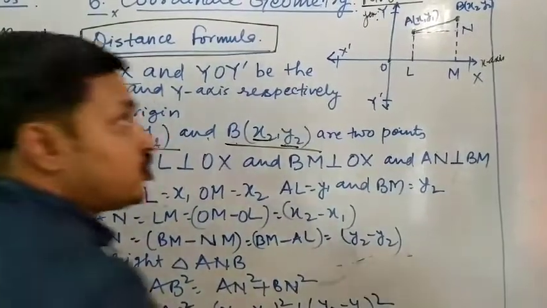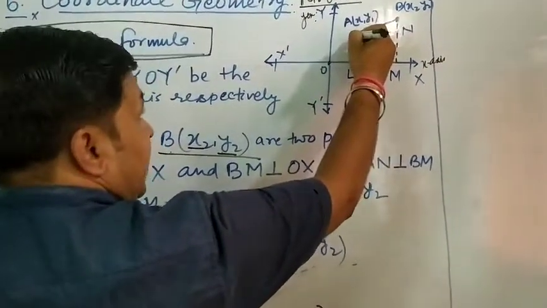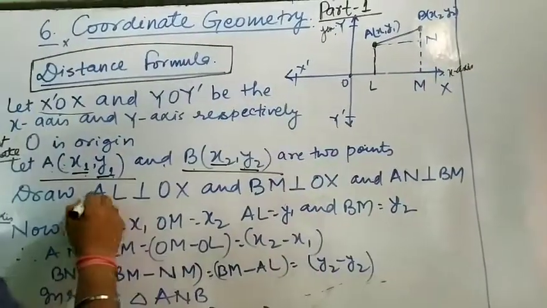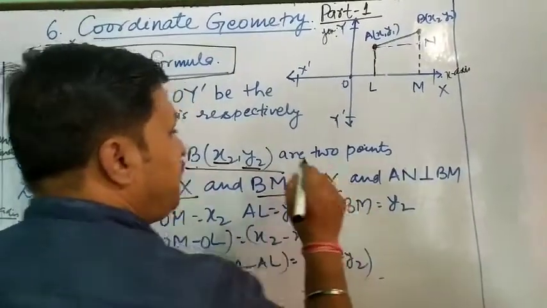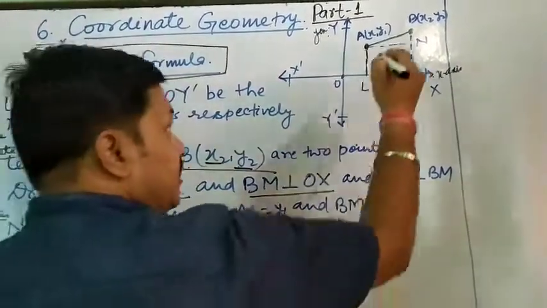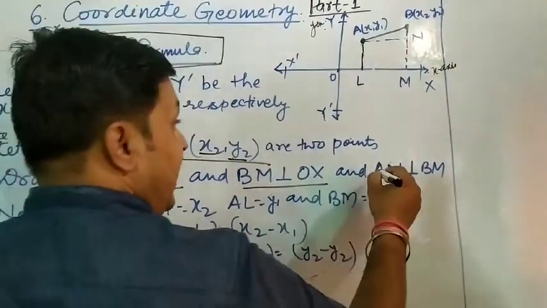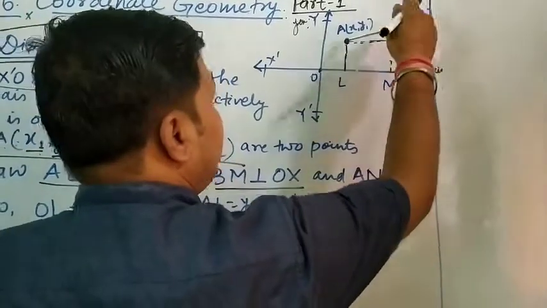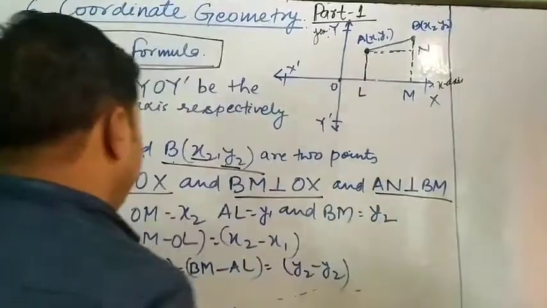Now we draw AL perpendicular to OX, BM perpendicular to OX, and AN perpendicular to BM.